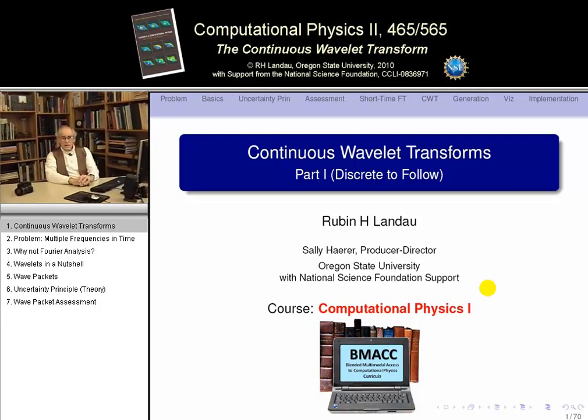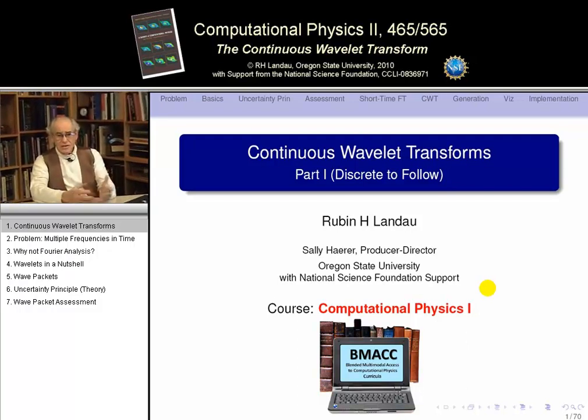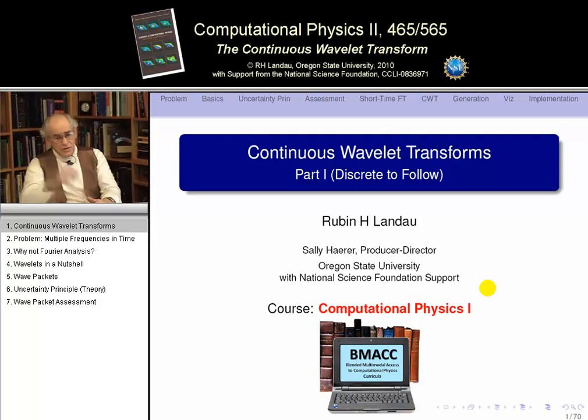One of the things that is often missing in traditional curriculum is analysis that scientists use in the field. They use Fourier analysis, but not as much. They often use wavelet analysis, which we'll talk about today, and principal component analysis, which we'll get to later. So you'll do something new.